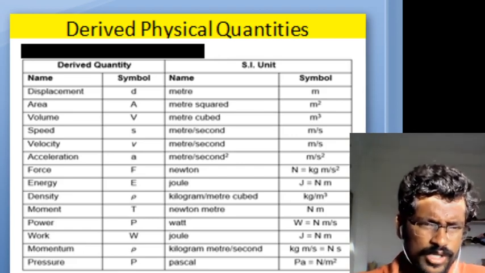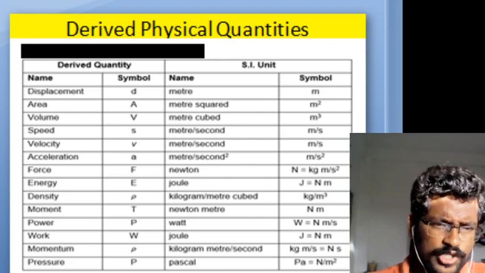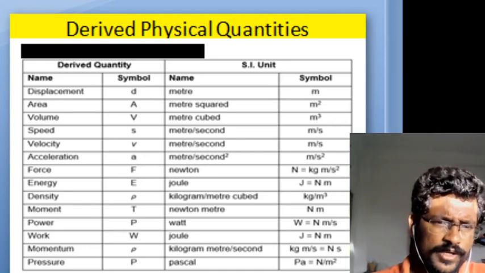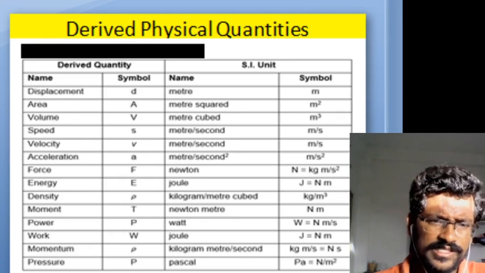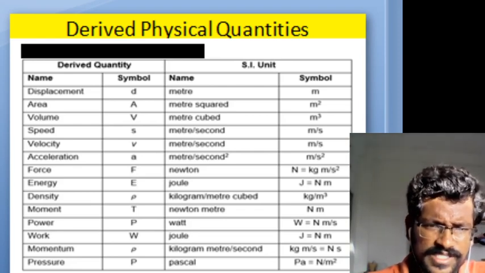Okay, now we are going to the power. Power is denoted by capital P. The definition of the power is work per unit time. The SI units of power equal to watt. 1 watt equal to Newton meter per second.